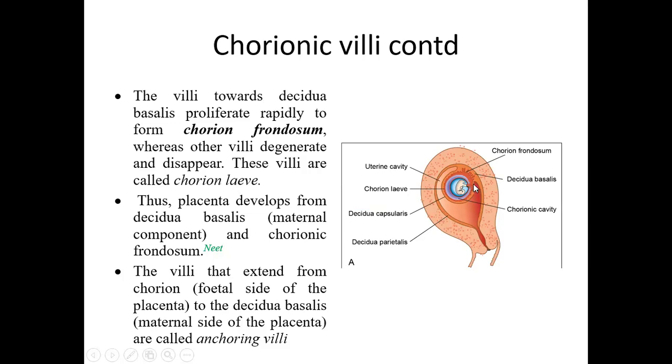The villi that extend from the chorion, the fetal side of the placenta, to the decidua basalis, the maternal side of the placenta, are called anchoring villi. Anchoring villi will be present only at the chorion frondosum.